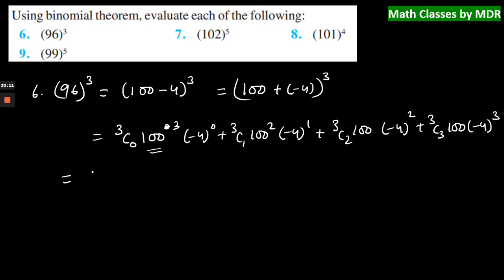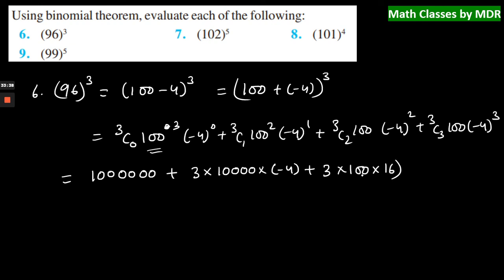Plus 3C1 is 3, 3 into 100 square is 10,000 into minus 4 plus 3C2, again 3 into 100 into 16 plus 3C3 is 1 into, this is 64, right? So these are the total 4 terms we have here.